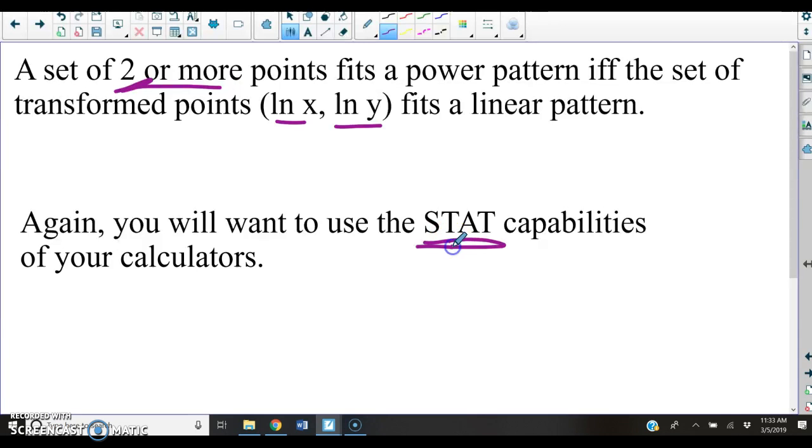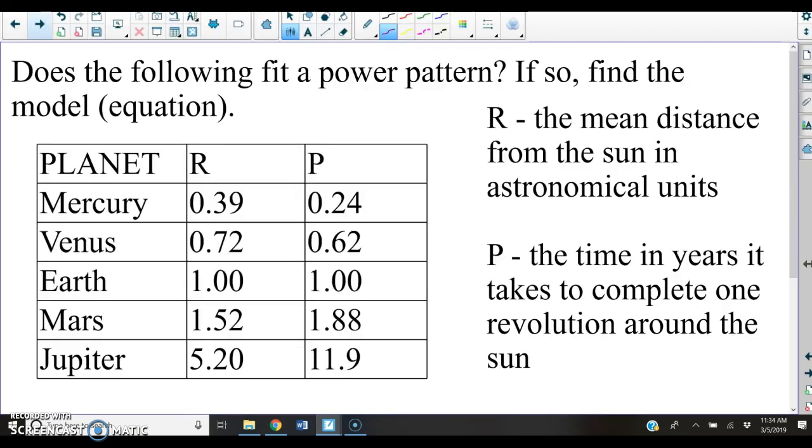Okay, so again, we're going to use the stat capabilities, so we'll want to meet as a group to go over that. Okay, so I think instead of going through all of this and getting you confused, we're going to go through it in class. But you could start by putting this as list 1, this is list 2, and then for list 3, you'd want to find the natural log of your list 1. And for list 4, you're going to want to put in natural log of list 2.